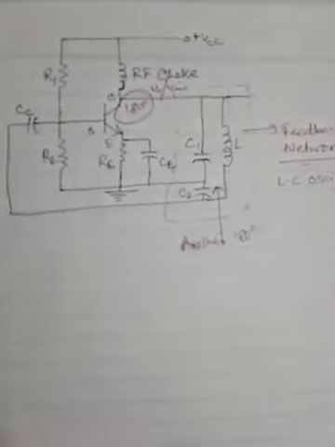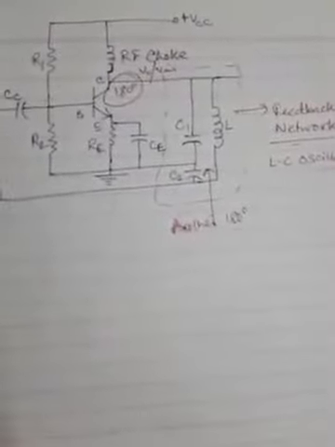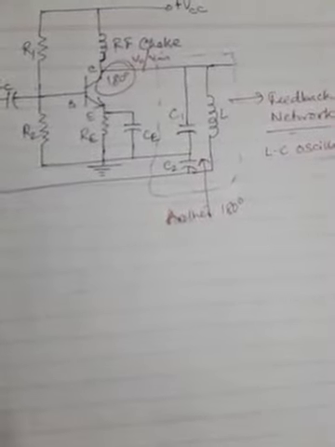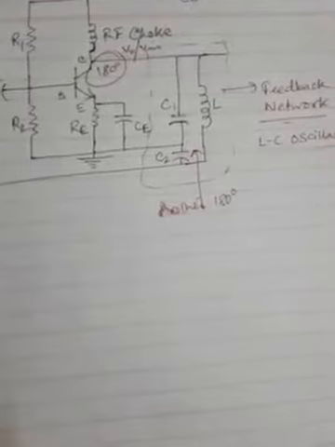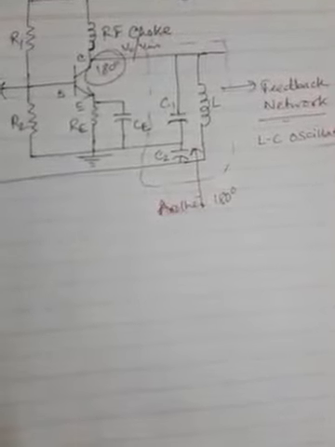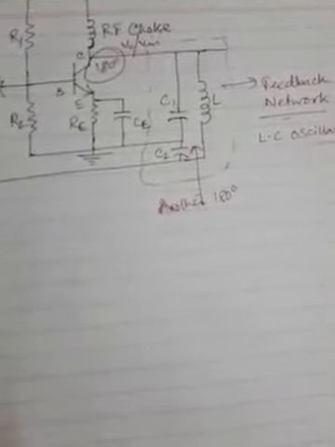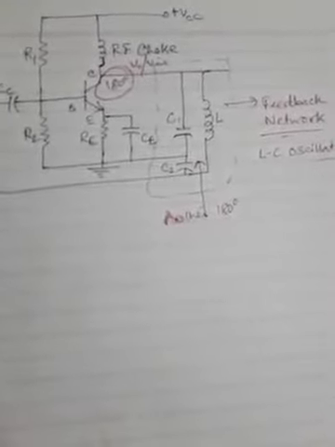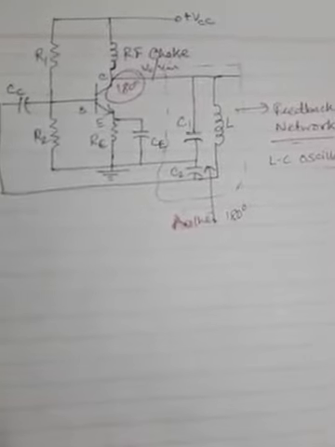As a result, we can get the phase shift in the whole circuit as 0 degree or 360 degrees around the loop comprising the feedback. So the Barkhausen criterion is satisfied here.